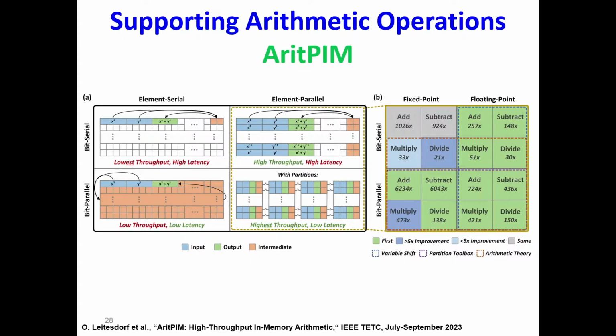And many people are taking this approach, but after she finished this work, we concluded that we should focus much more on element parallel, because we can maybe make a single element faster, but we can get most of the performance benefits from working on multiple elements simultaneously in the SIMD engine and not from improving a single element. So I will focus on element parallel for bit serial and bit parallel.